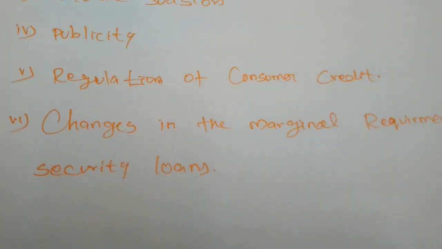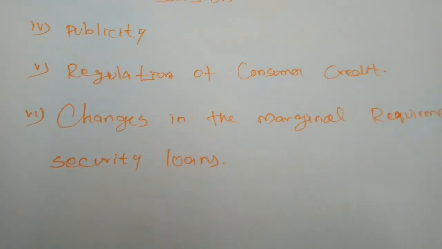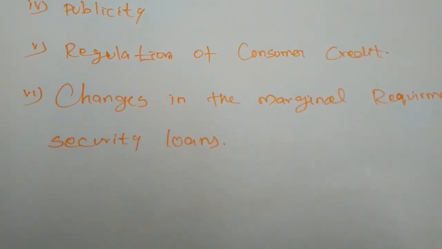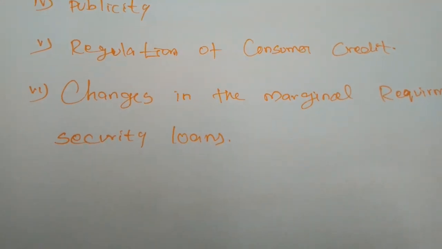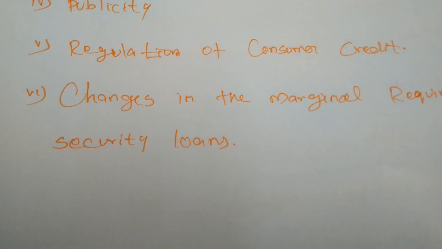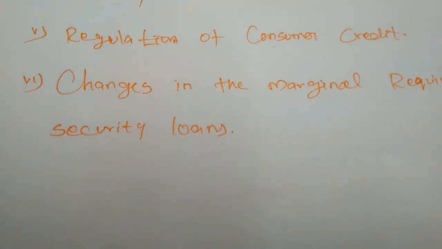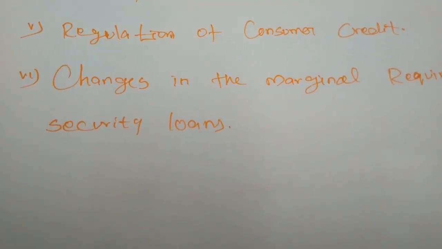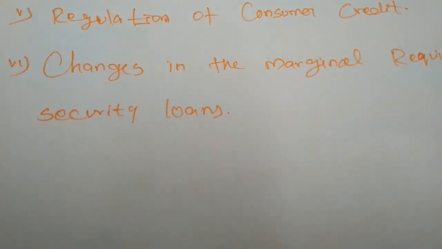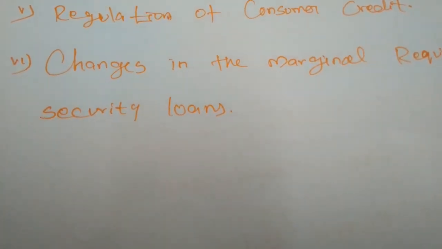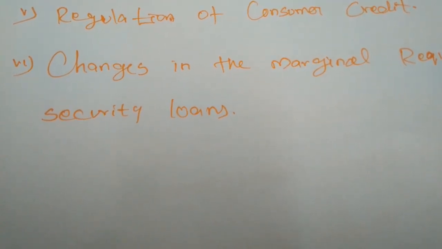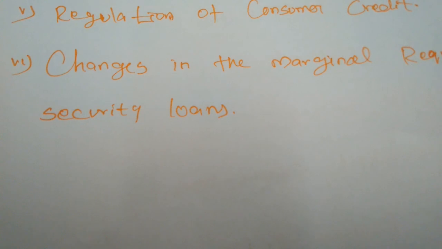Next, regulation of consumer credit. The down payment is raised and the number of installments is reduced for the credit sale. Many of the entrepreneurs, retailers and wholesalers sell commodities by way of credit, and because of that the credit installments also will be very high.